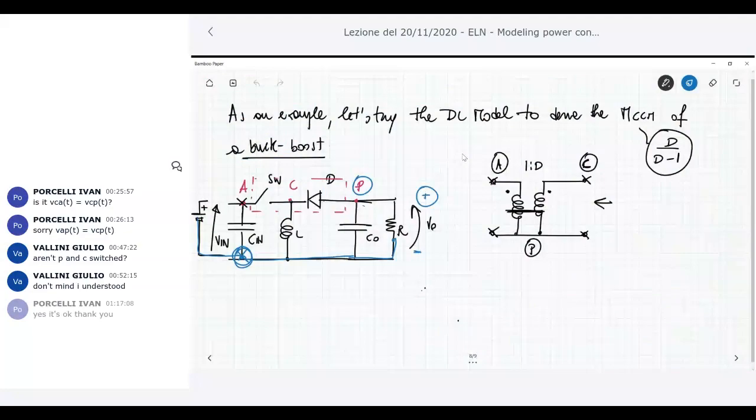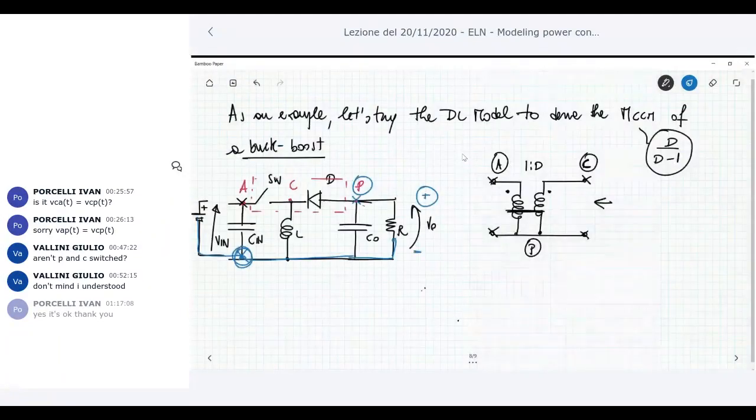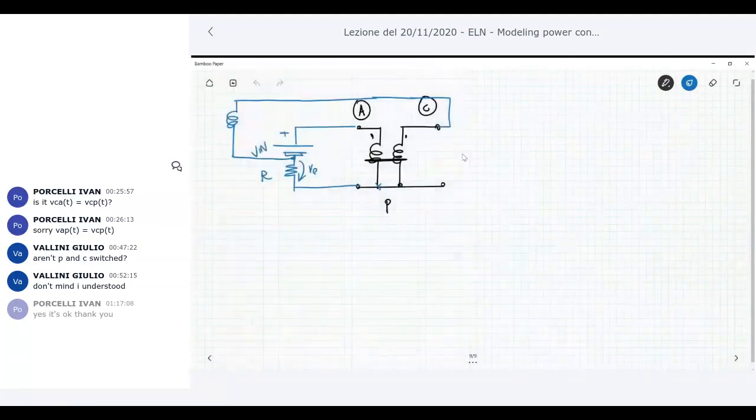C naught capacitance is connected between P and the minus node here.